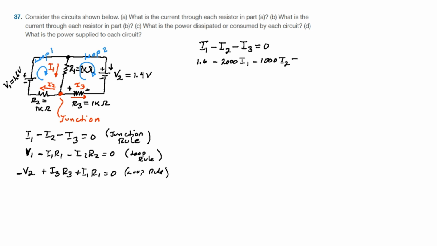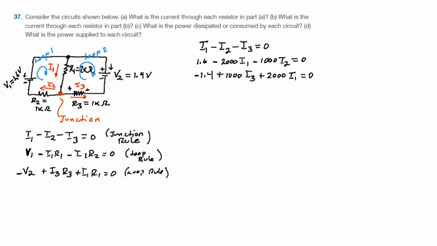Well, this is equal to 0. And I have another equation that is negative V2, so it's negative 1.4 plus I3 R3. So R3, the resistor 3 is 1 kilo ohm, so it's 1000 ohms, and I sub 3 plus I1 R1. So R1 is 2000, so plus 2000 ohms times I sub 1. And all this is equal to 0.